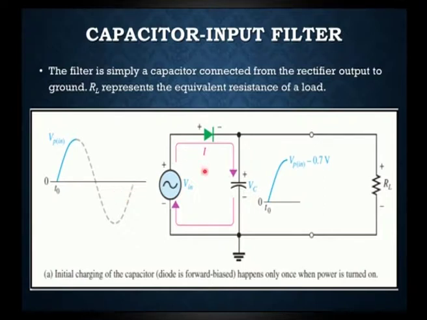The diode is forward biased and the capacitor is charging, and we can observe that Vp(out) is equal to Vp(in) minus 0.7 volts.